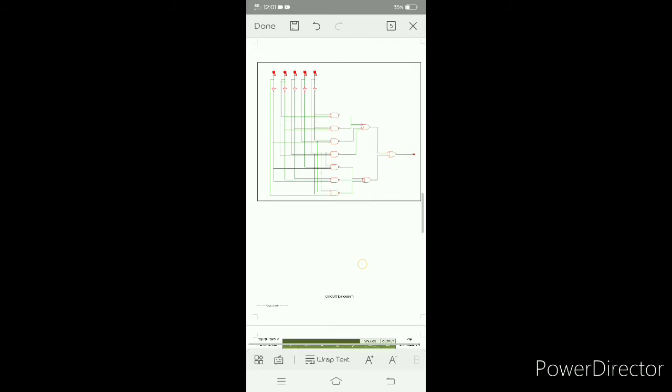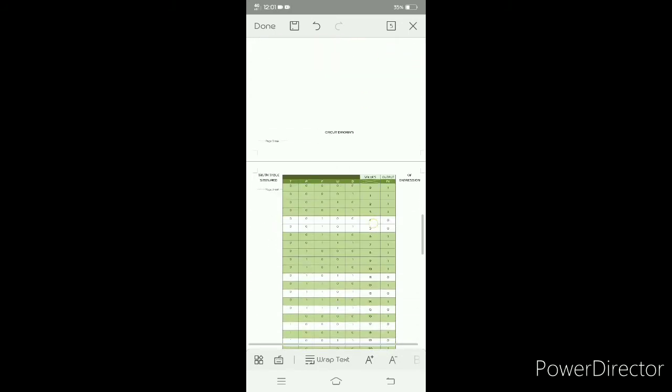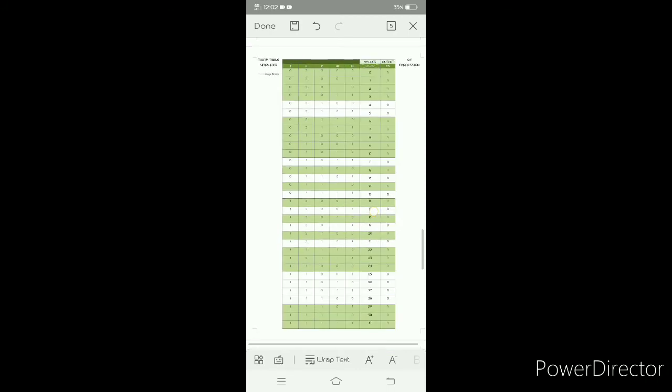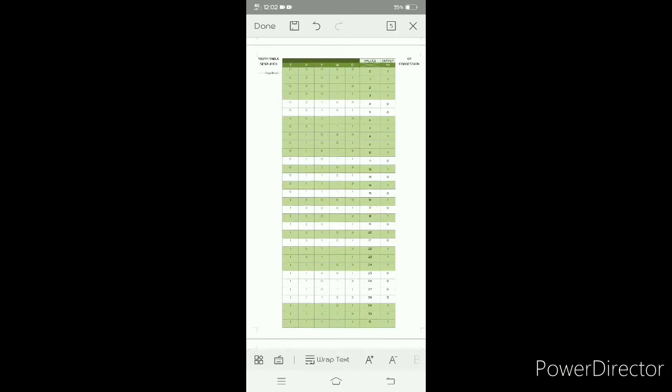And for the truth table of this simplified expression, here it is. If the input is 0, the output will be 1 or high.